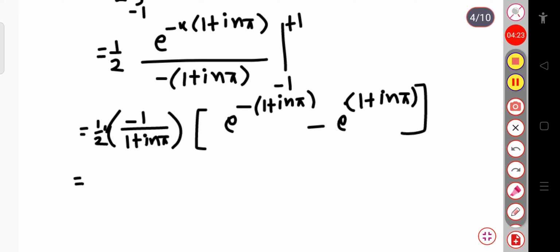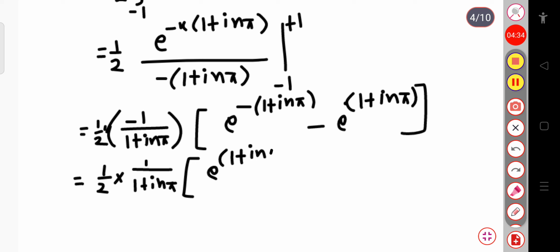Now we can write this as 1/2 times 1/(1+iπn) times [e^(1+iπn) − e^(−(1+iπn))].